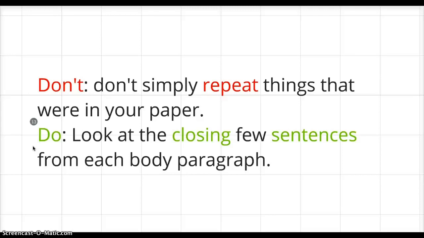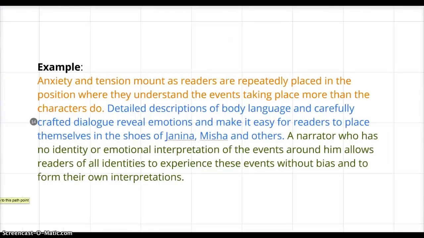And in the end of each body paragraph, you wrote a closing sentence that specifically, concretely explained the impact that each technique has on the reader, why it works, why it creates empathy. Those are the sentences you need to go back and look at to synthesize your main points. Let me show you my example.